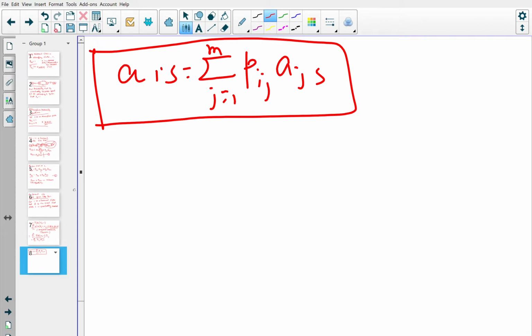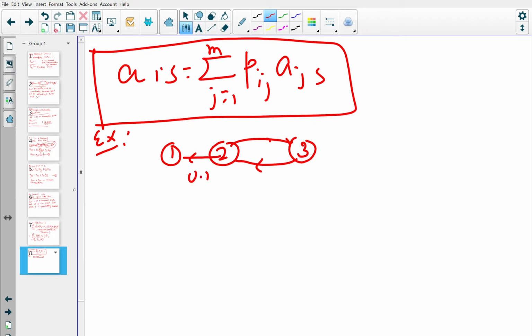Okay, so now let me calculate one example, a small example. Suppose we have this kind of graph with states 1, 2, 3, and suppose that this is 0.2, this is probability 1, and this one is 0.4, 0.02, 0.3.